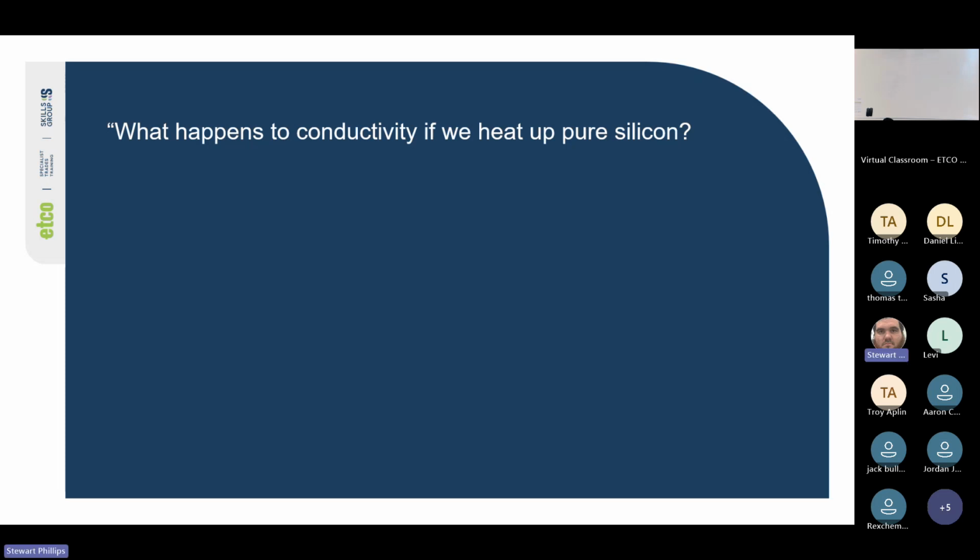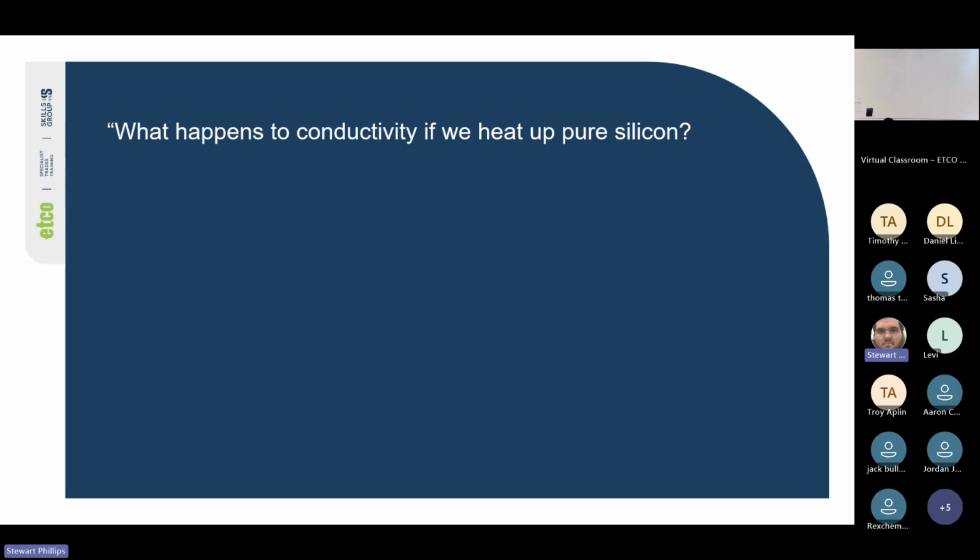So those who are saying it's increasing, why? And those who are saying decreasing, why? Why do you think it's going to increase or decrease? Oh, yeah.